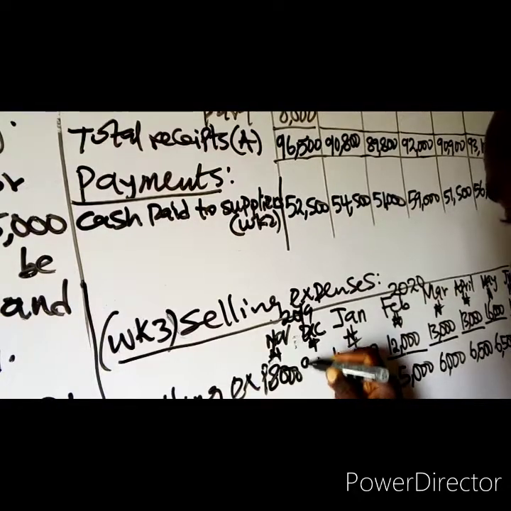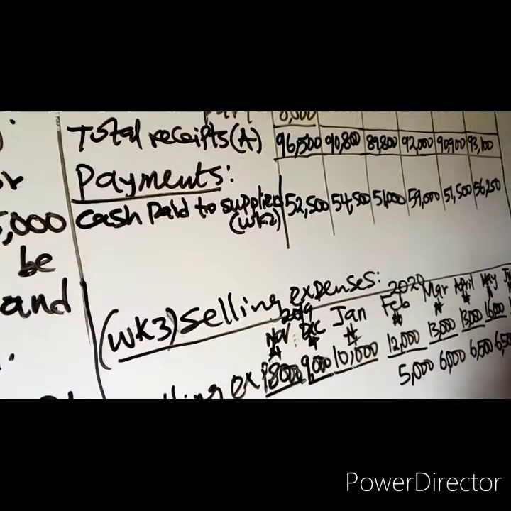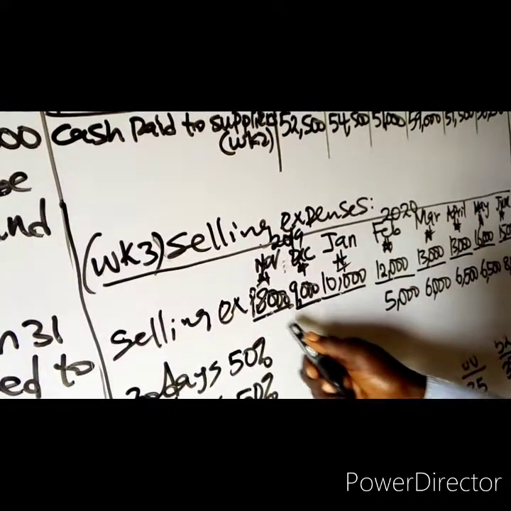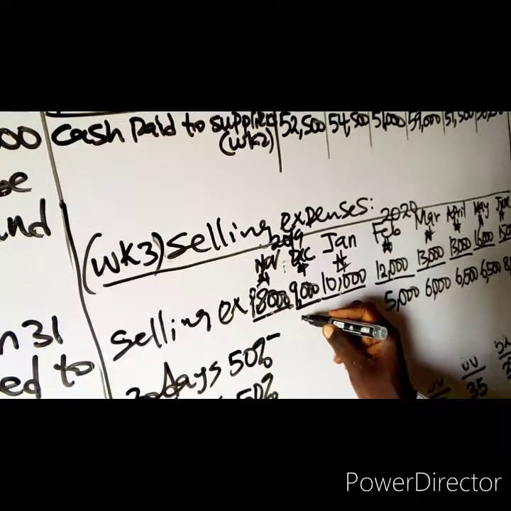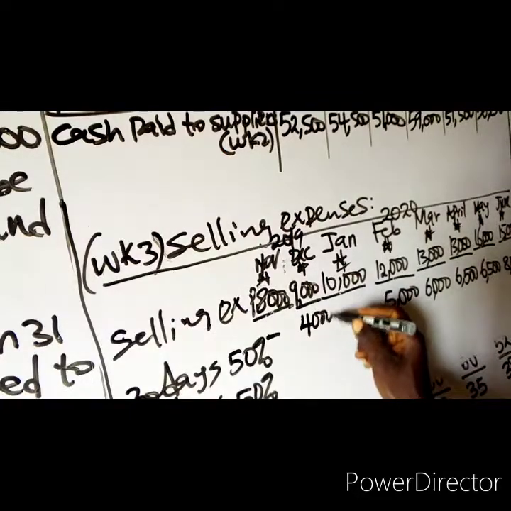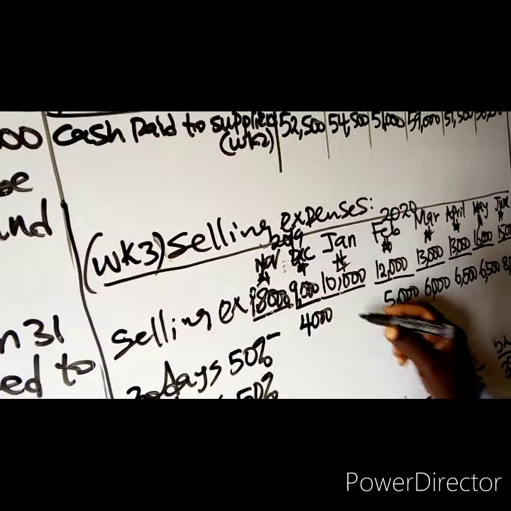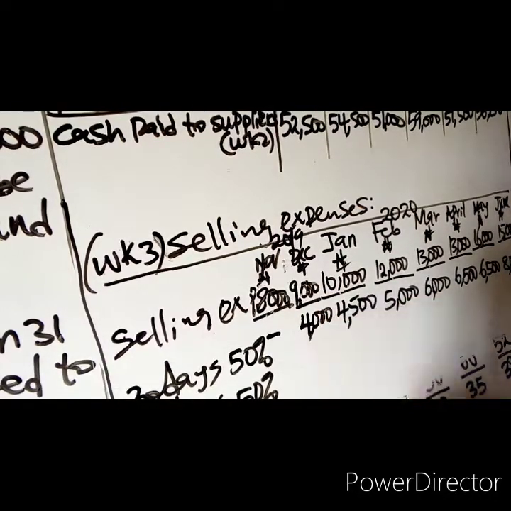Now, 50% of November will be settled in December. 50% of 8,000 will be 4,000, and that will be settled in December 2019. 50% of that of December 2019 will be settled in January 2020. 50% of 9,000 will give us 4,500, and that will be settled in January 2020.